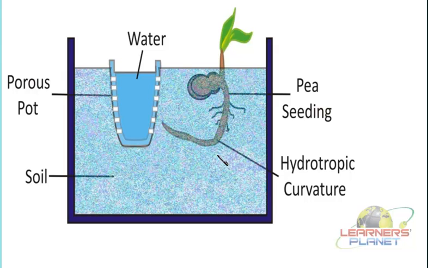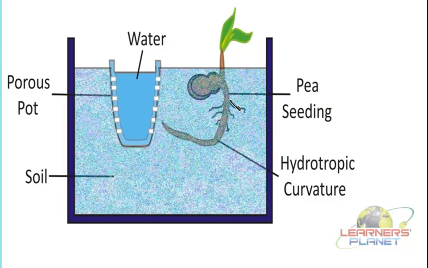Then you fill it with the soil completely, and in that you add one porous pot, and that pot is filled up with the water. So the soil which is placed here is dry, and the water is present in the pot.